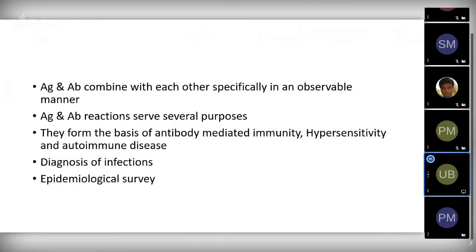They form the basis of antibody mediated immunity and also hypersensitivity and any autoimmune disease. Apart from this, this antigen antibody reaction is highly useful in the laboratory in the diagnosis of various infections and also in epidemiological survey.